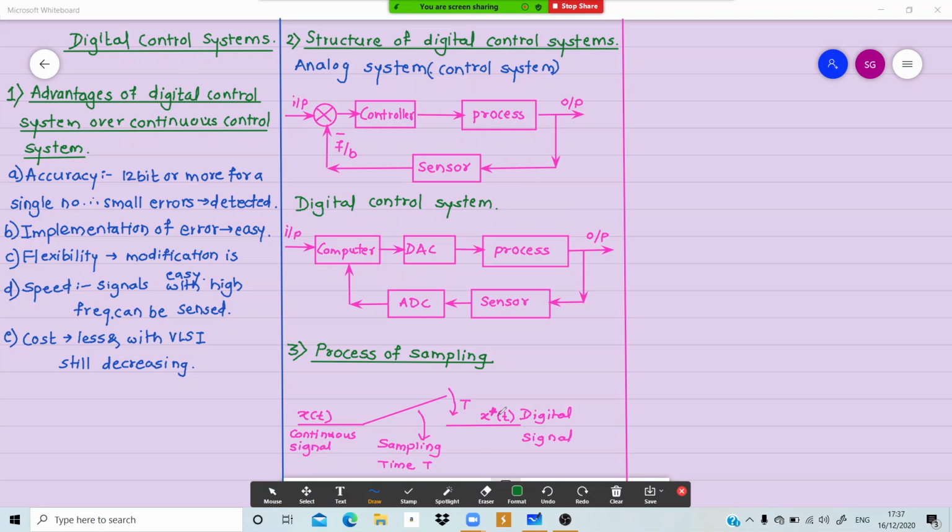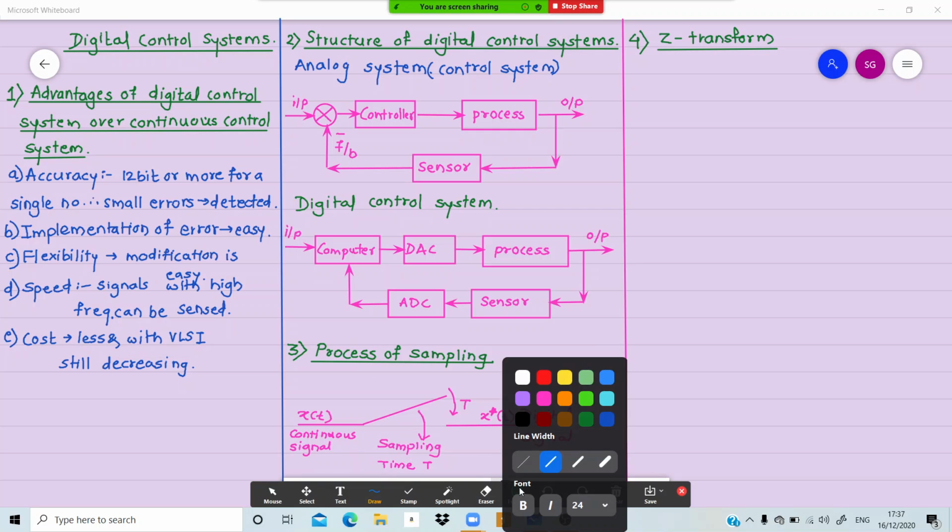Now how we can go in frequency domain and can handle these signals, right? So the next thing comes very important, and that is Z transform. Now first thing, what is this Z transform? You know now Laplace transform. On the same line I am writing something related to that, and that is Z transform.